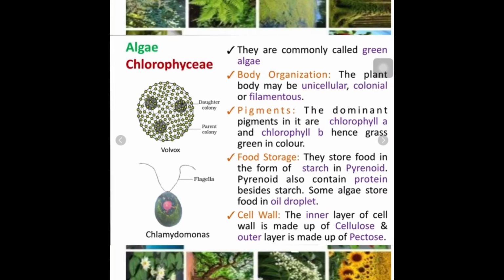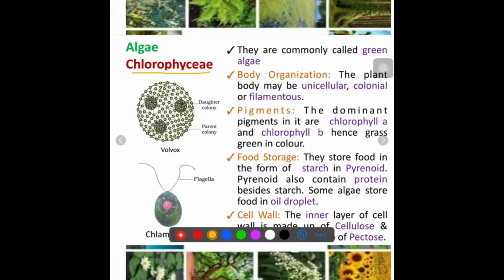So let's discuss the first one. It's called as a Chlorophyceae. What is another name of this Chlorophyceae? This is called as green algae. Remember Chlorophyceae, chloro means it is green. So that's why it's called as a green algae. Why it is called as a green algae?